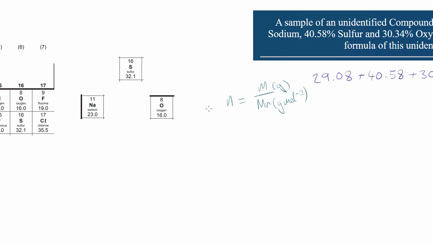As you can see, we've got sodium, that's going to be 23. So these are the Mrs, right? So Na is going to be 23. For sulfur, that's going to be 32.1. And for oxygen, that's going to be 16, right?